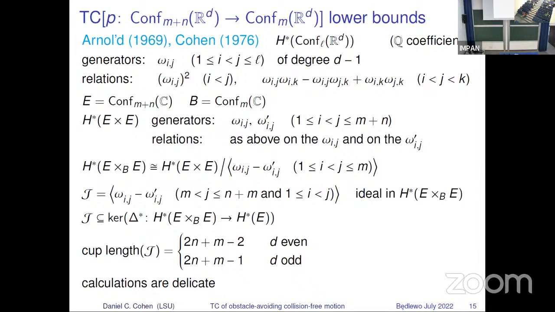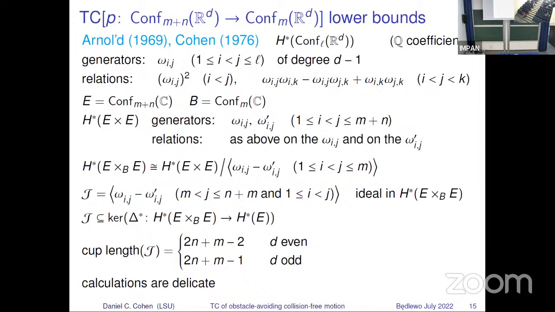Once you know this, well, Carlson reminded us yesterday of the Künneth formula as well. That gives you a very explicit description of the cohomology of the space I'm going to abbreviate by E, configurations of n plus m points. And C is our D, if you like.